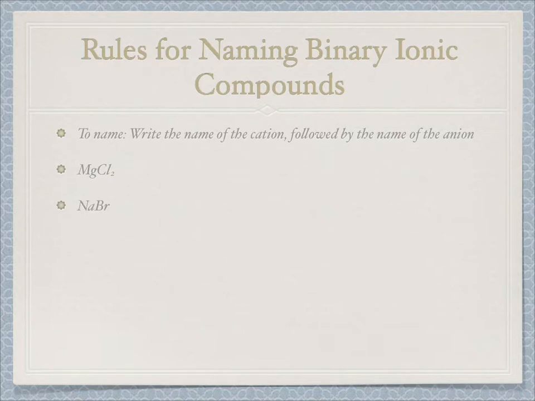So NaBr, just write the name of the cation, sodium. The anion is the bromine changed to an ion, bromide. AlF3. Once again, we don't have to worry about any of the numbers now. We just write that's aluminum, and we change the last part to the anion, and that's fluoride.